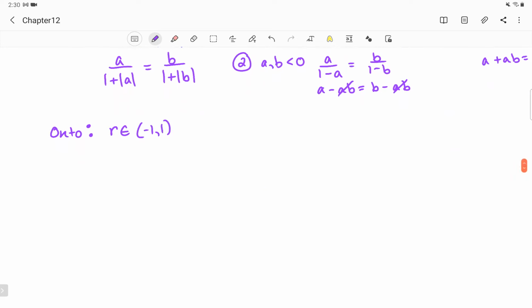All right. So we want f of something to equal r. So I want x over 1 plus absolute value of x to equal r. I can rewrite that as x equals r times 1 plus absolute value of x.